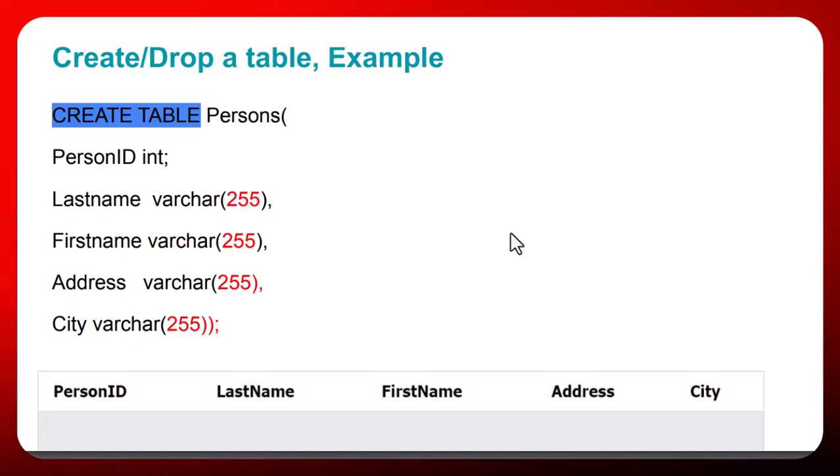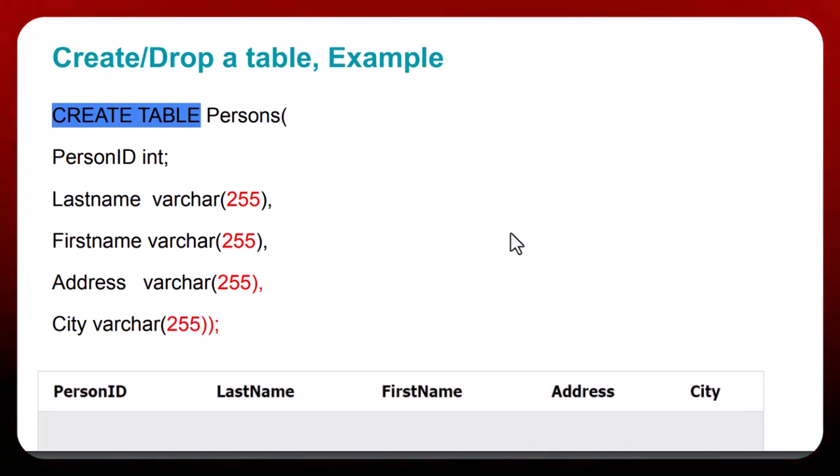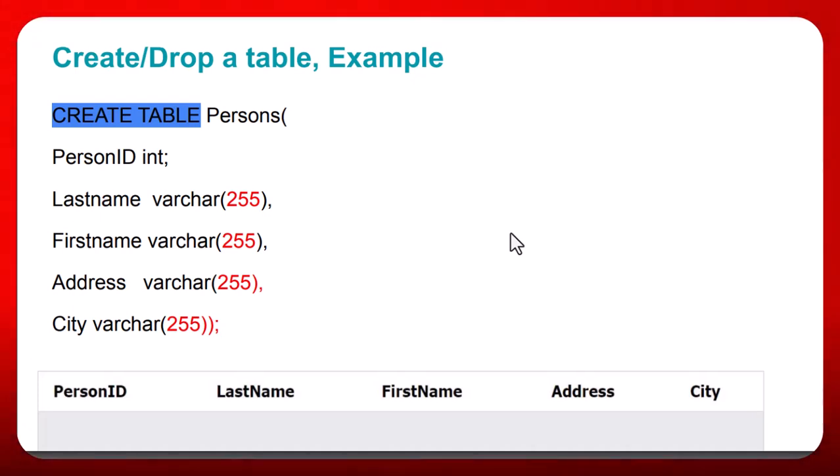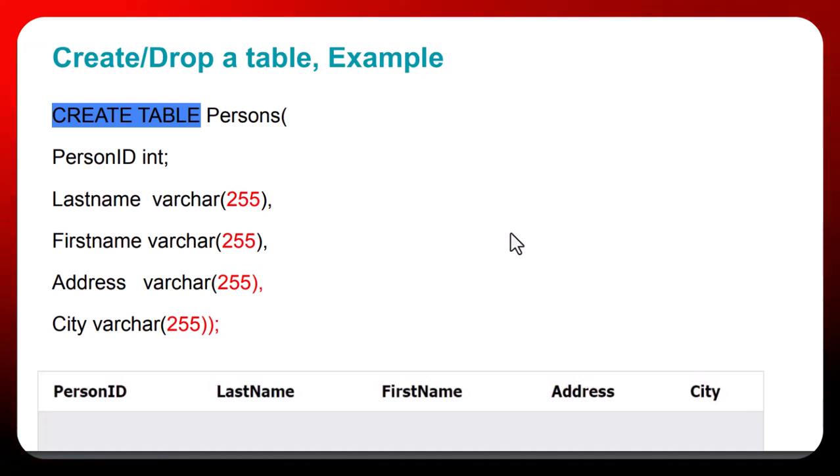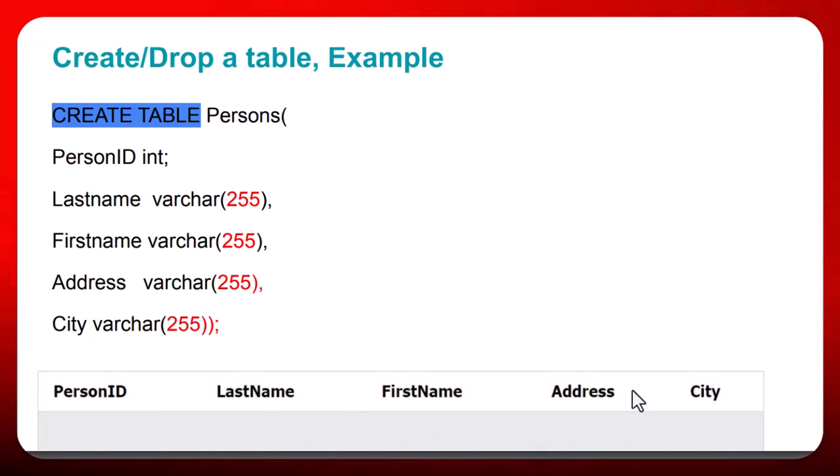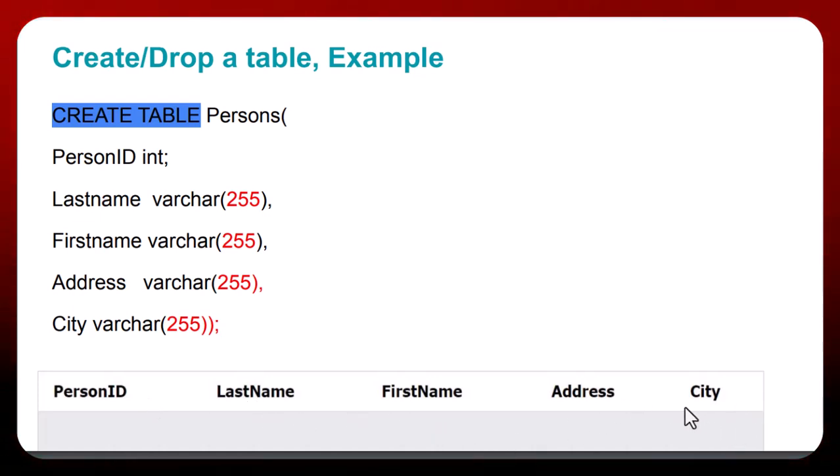For the address, it makes sense to use 255 because we have the street, the city, spaces, so many characters. And the city is going to be a varchar data type. Now finally, you're going to have a table that looks like this: PersonID, LastName, FirstName, Address, and City.